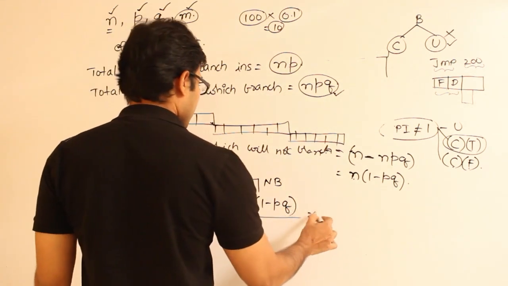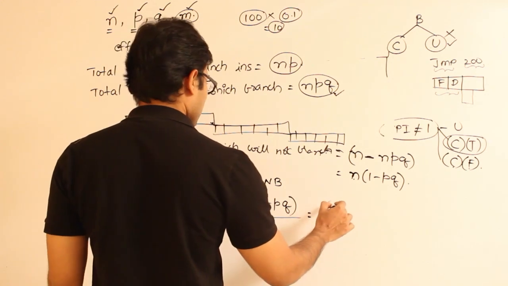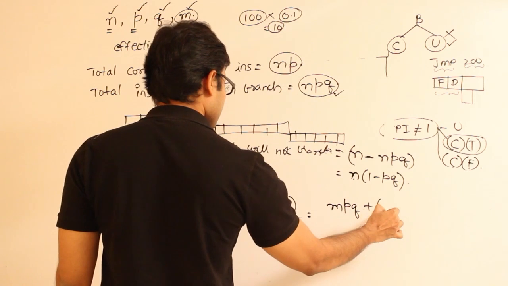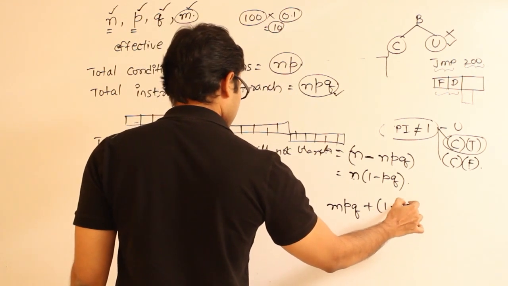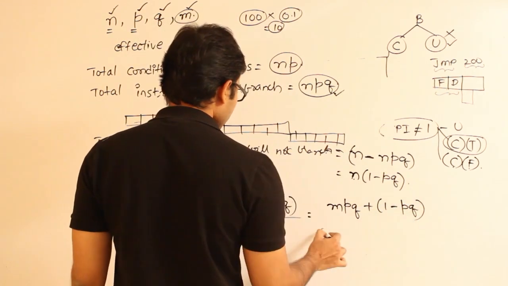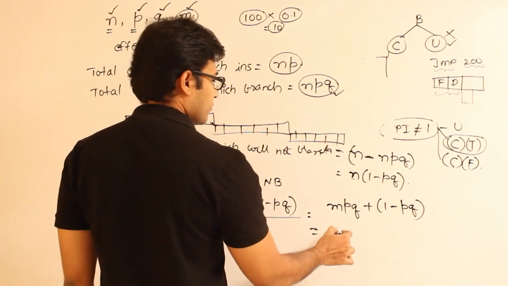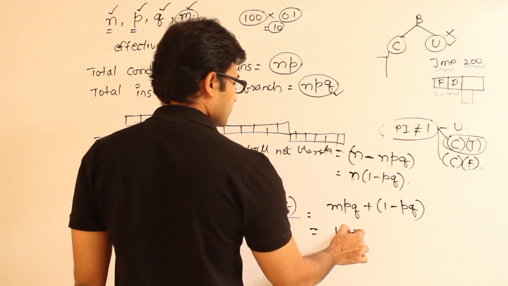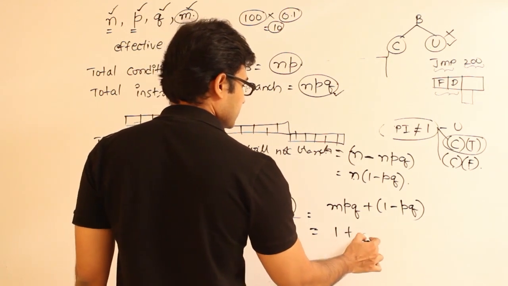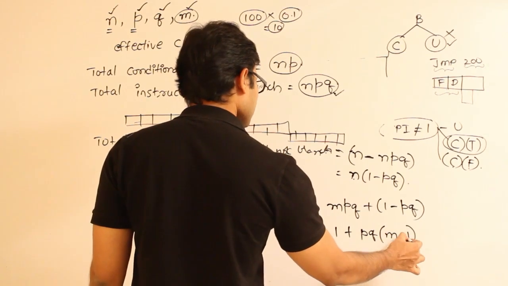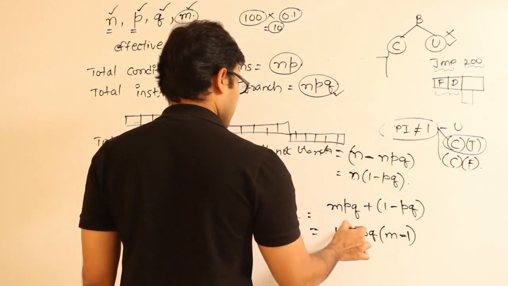Then you will see that the effective clocks per instruction is going to be m into pq plus 1 minus pq. One other way of writing this is 1 plus pq into m minus 1, right?